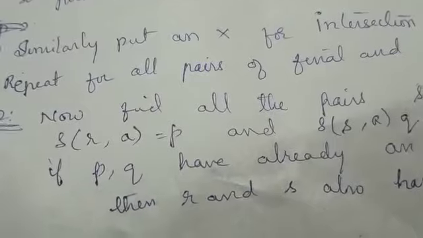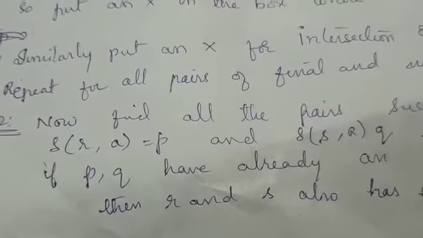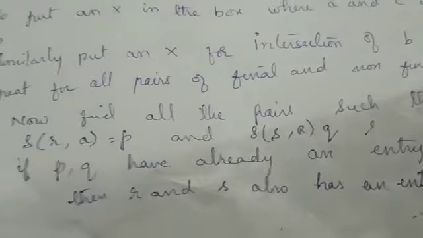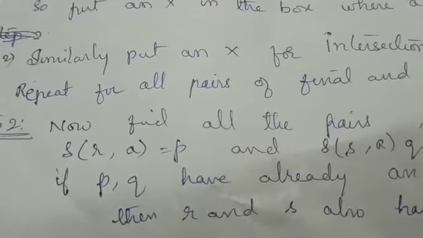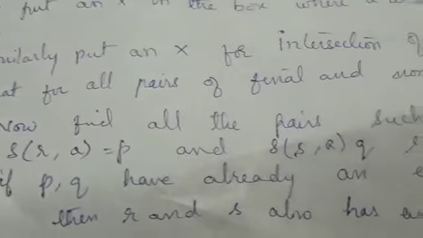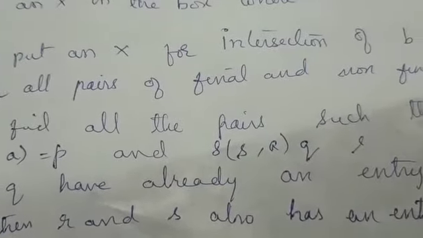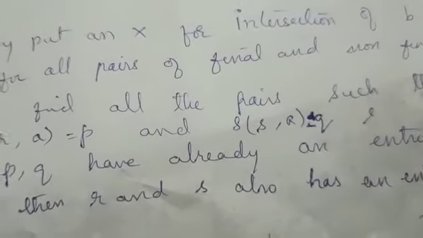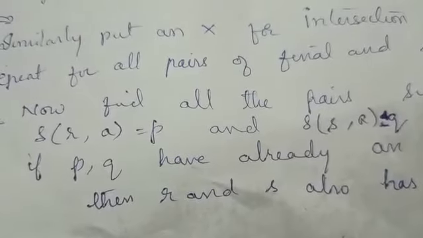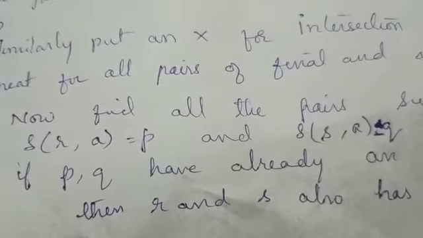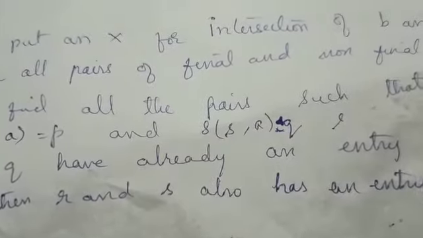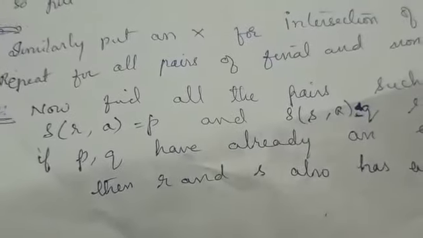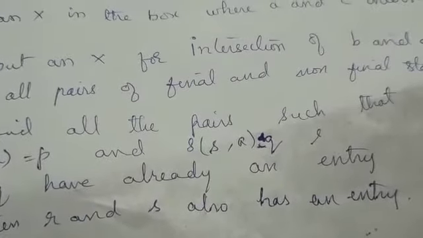Now we have to find all pairs such that del of R comma A equals P and del of S comma A equals Q. If P and Q already have an X or an entry in the table, then R and S also get an entry.